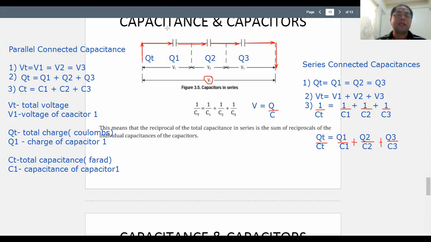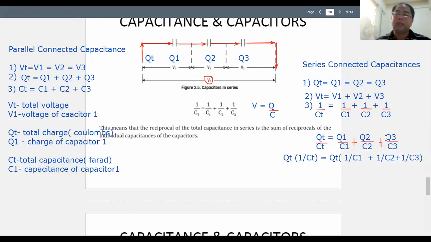So if we factor out Q sub T, we get the expression 1 divided by C sub T. Then if Q1 equals Q2 equals Q3, which equals Q sub T, then what remains inside, if we factor out Q1, Q2, and Q3 equal to Q sub T, is 1 over C1, 1 over C2, 1 over C sub 3.